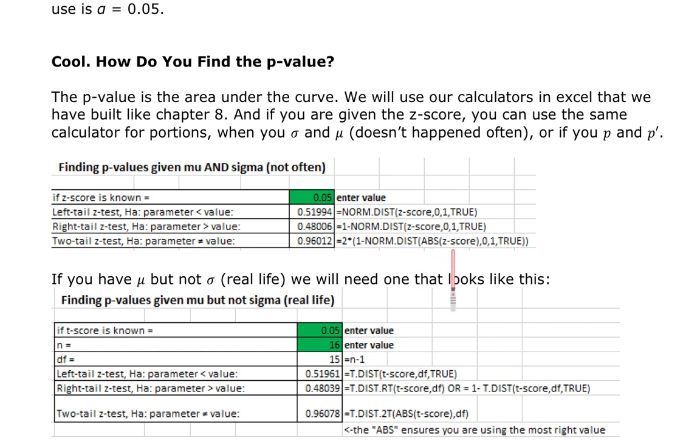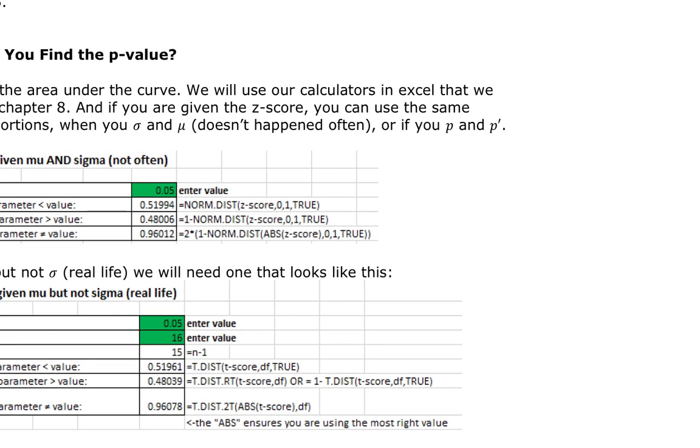And you're like, why the absolute value of the z-score? Because we want to make sure that we don't grab a negative because of the way that we have symmetry. And you're like, I'm still not quite getting it. Okay. So when you are doing a two-tailed test, you want to grab the upper z-scores.